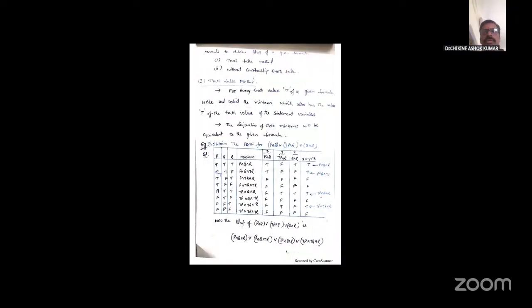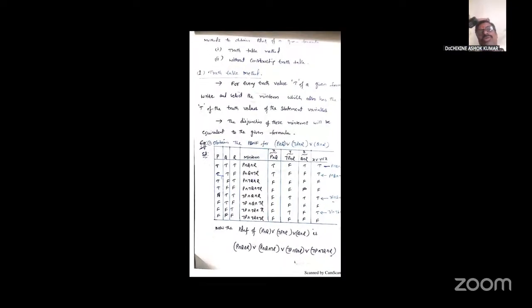Next, the methods for obtaining the principal disjunctive normal form, PDNF. Generally we can use two methods. One is with truth tables, another is without constructing the truth tables.